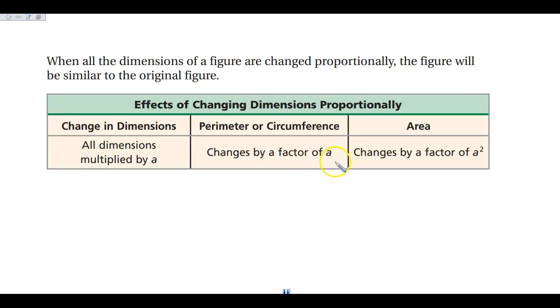But with parallelograms, you have to change both base and height. Rectangles or triangles also have to be changed by base and height. It cannot be just one of them like in our first examples. In our first two examples, we only had one dimension changed. This is true when all the dimensions are changed by a certain factor.